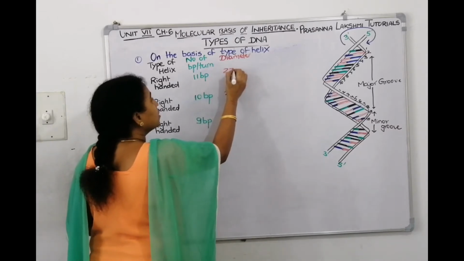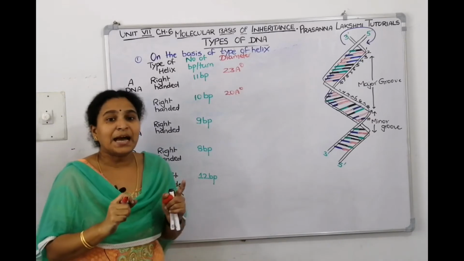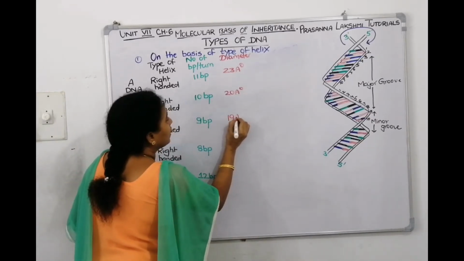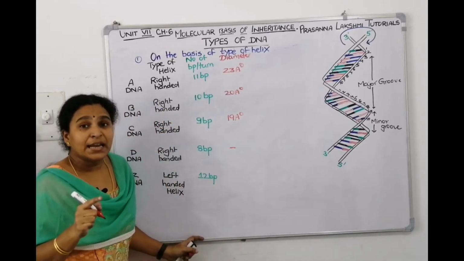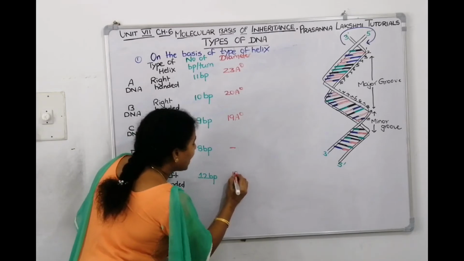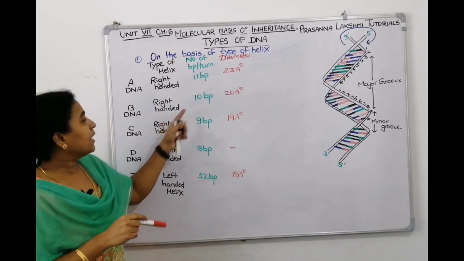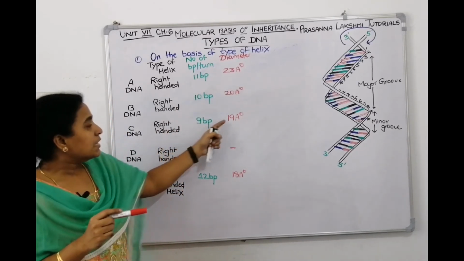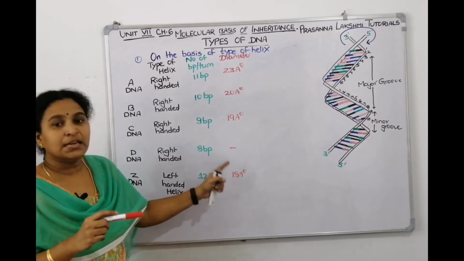C DNA has a diameter of 19 angstroms. For D DNA, they couldn't calculate the diameter. Z DNA has a diameter of 18 angstroms. So, B DNA is 20 angstroms, A DNA 23 angstroms, C DNA 19 angstroms, D DNA couldn't be calculated, and Z DNA is 18 angstroms.